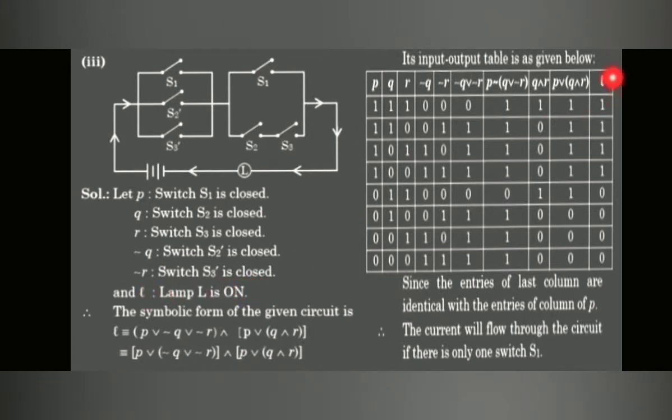This whole is written in this column, and find its truth value. Then we get 1 1 1 1 0 0. Since the entries of the last column are identical with the entries of the column of P, this value is the same as this value. Since the current will flow through the circuit if there is only one switch S1, meaning here current will flow if switch S1, P, sorry, P means S1 is on.